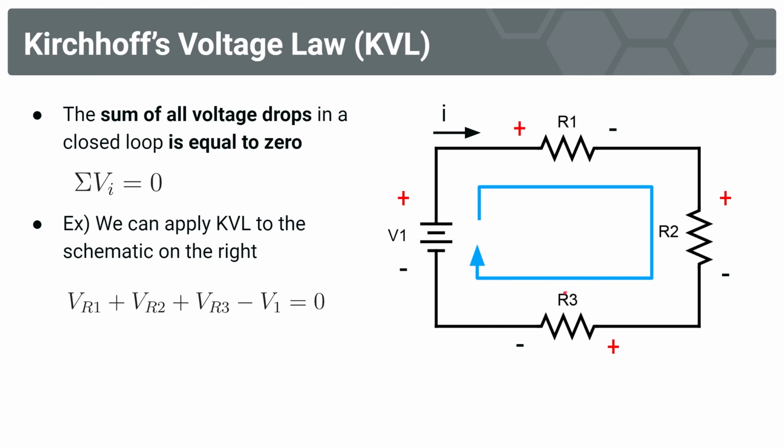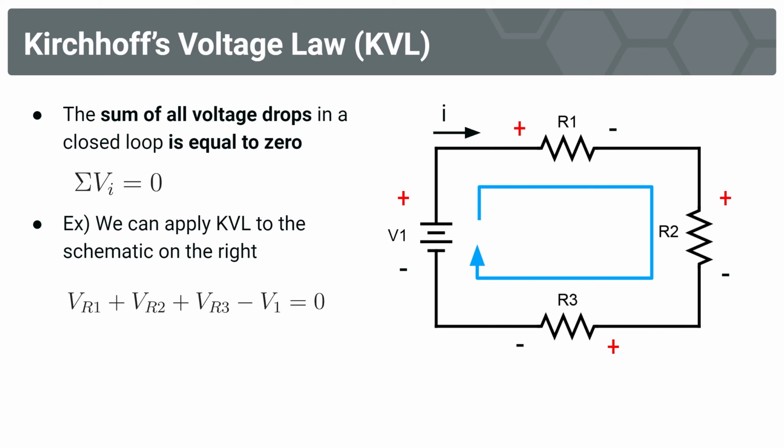And we will find when we apply KVL to the schematic that the voltage drop across the battery plus the voltage drop across these 3 resistors is equal to 0. The sum of all the voltage drops in the closed loop is equal to 0. We can derive many equations just from this one law, KVL.